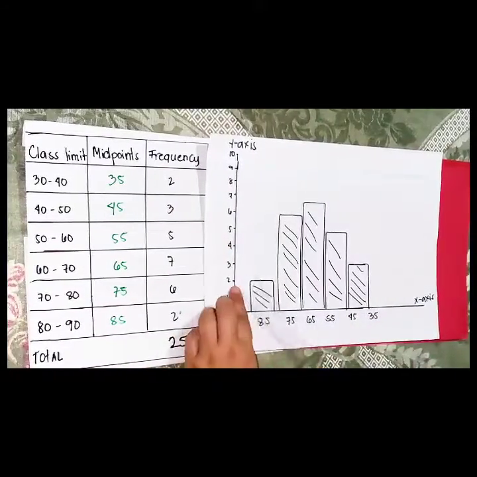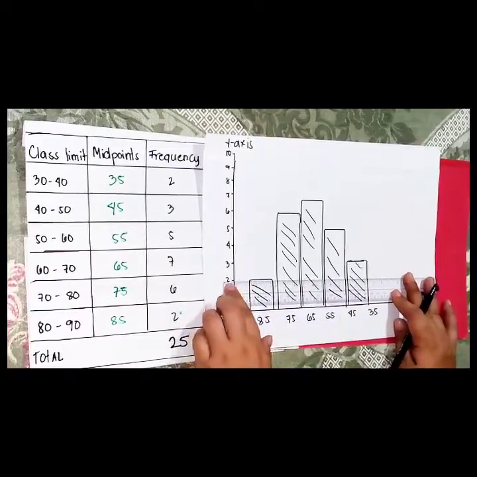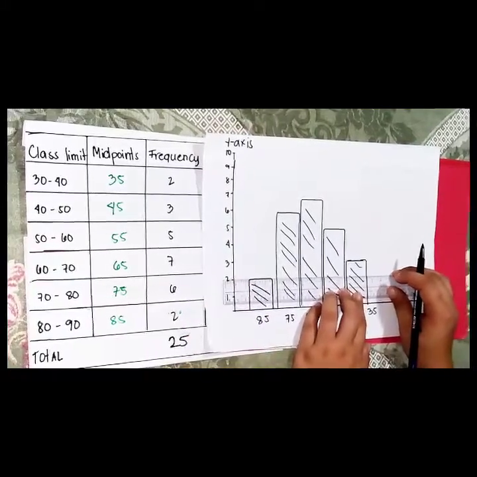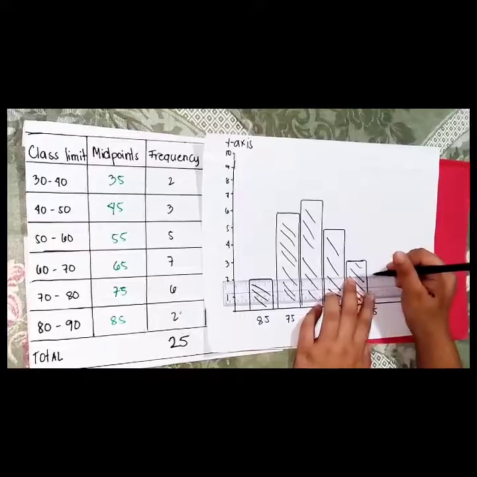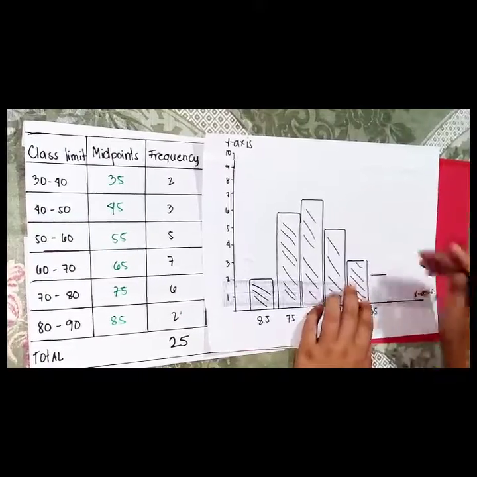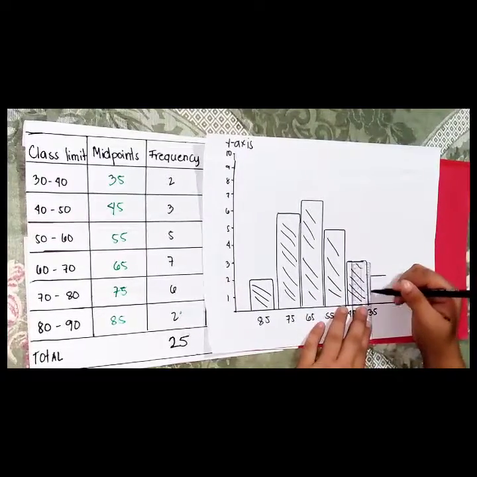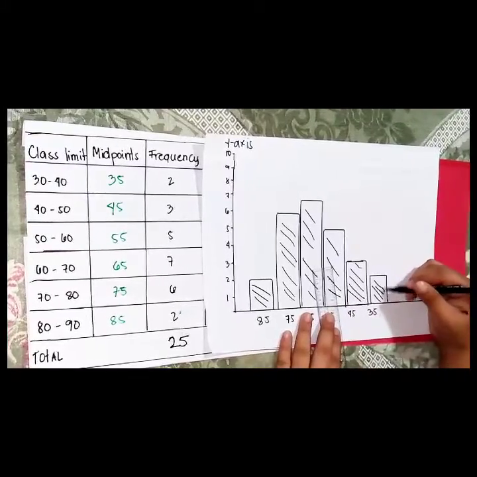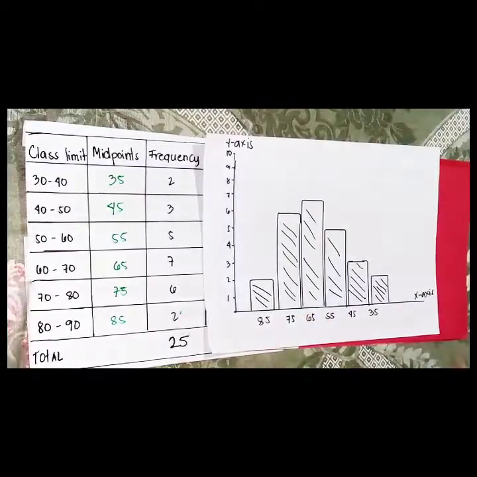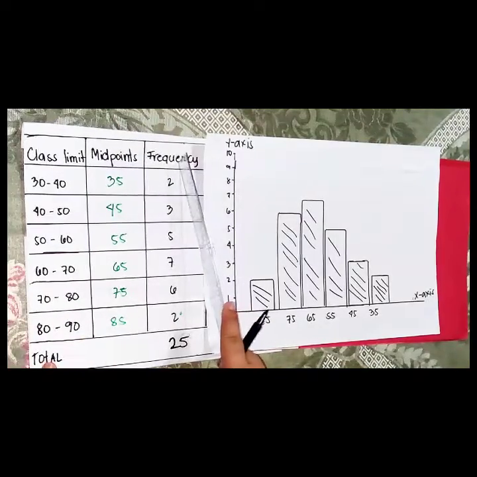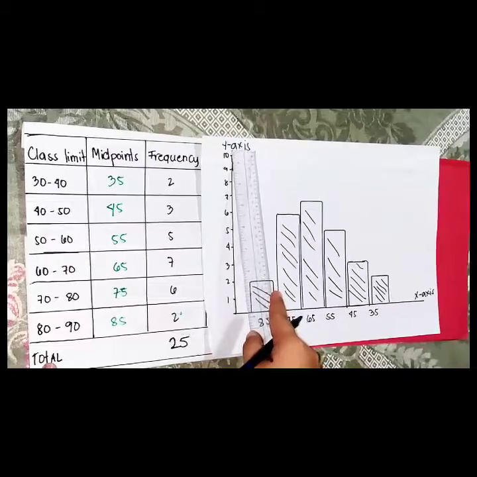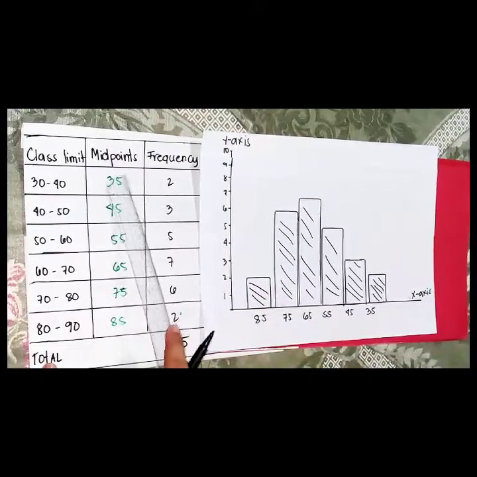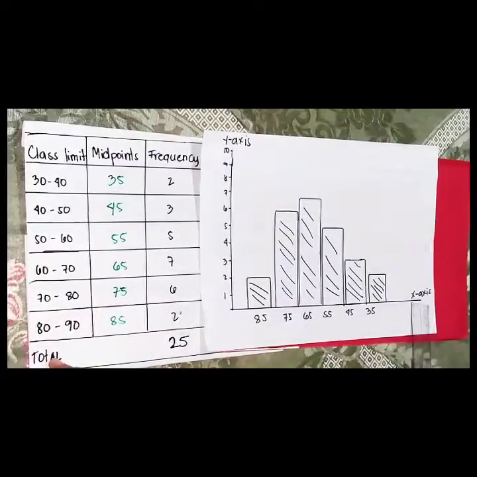So this is the number 2 of frequency, and this is our midpoint. So that is how to create a bar graph using our frequencies as our y-axis and the midpoint as our x-axis.